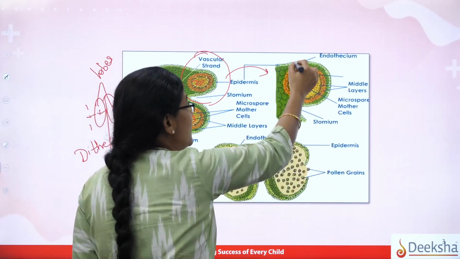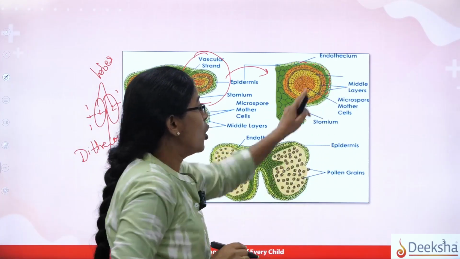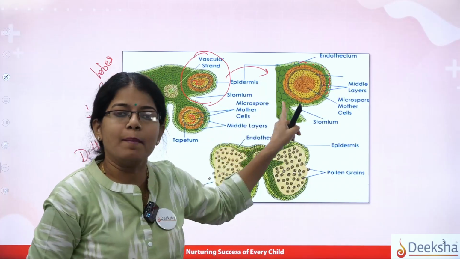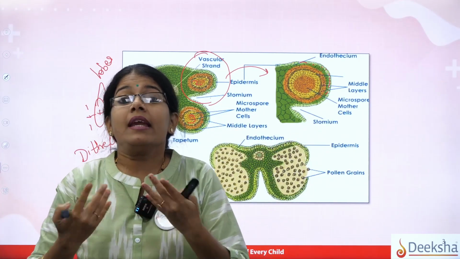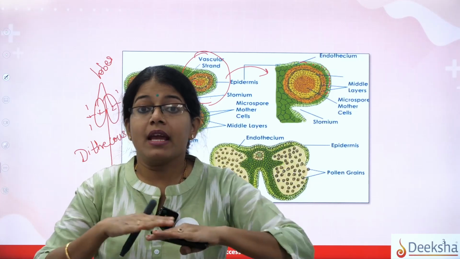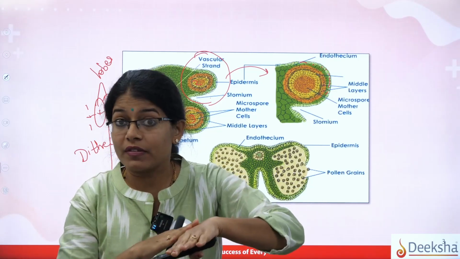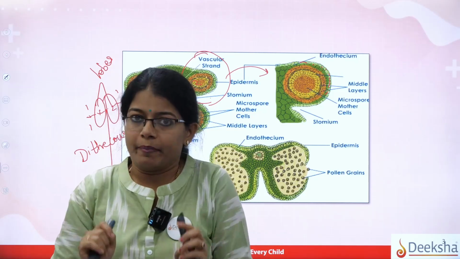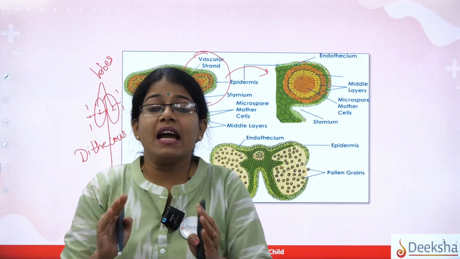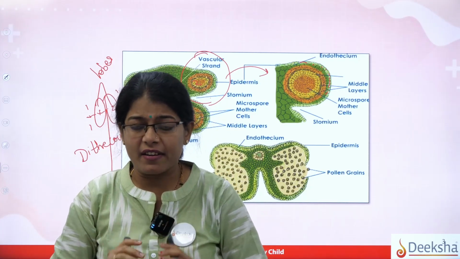Okay, so if you see, there is the outermost layer called the epidermis. Called what? The epidermis. Epi means outer, like the epidermis of the skin. Epi means outer, dermis means layer, correct? So epidermis is the outermost layer, right?